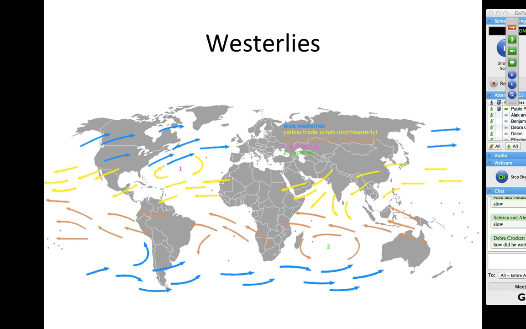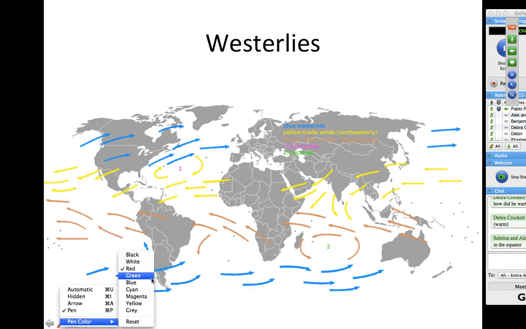The winds also kind of follow the currents, if you wish. The wind is basically the movement of the gas atmosphere of air throughout the world. Let me change the pen color to some blue. Okay, let's put some blue here.